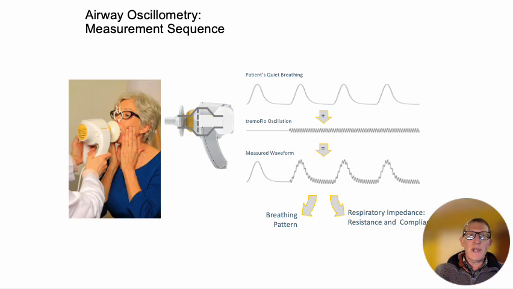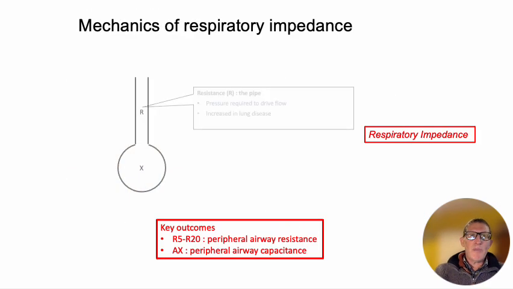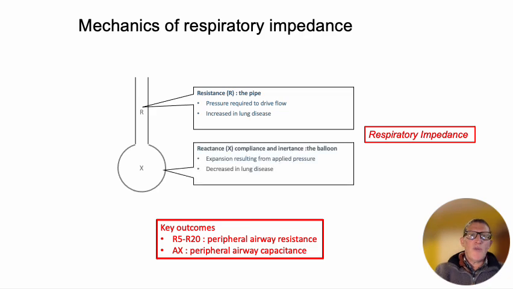If we move on to the next slide, these are the mechanics of respiratory impedance. As I said, respiratory impedance is a measure of pressure in kilopascals divided by flow in litres per second. So kilopascals per litre per second is the unit of impedance. There are two components of impedance. The first is the resistance, denoted by the letter R, the resistance in the pipe, which is the pressure required to drive that flow.